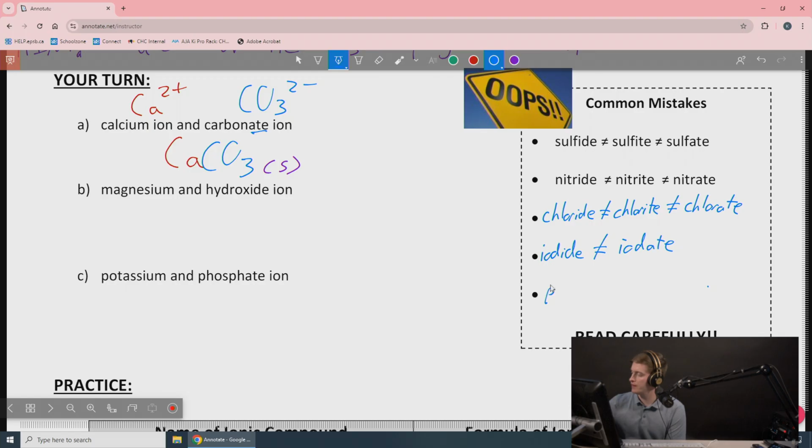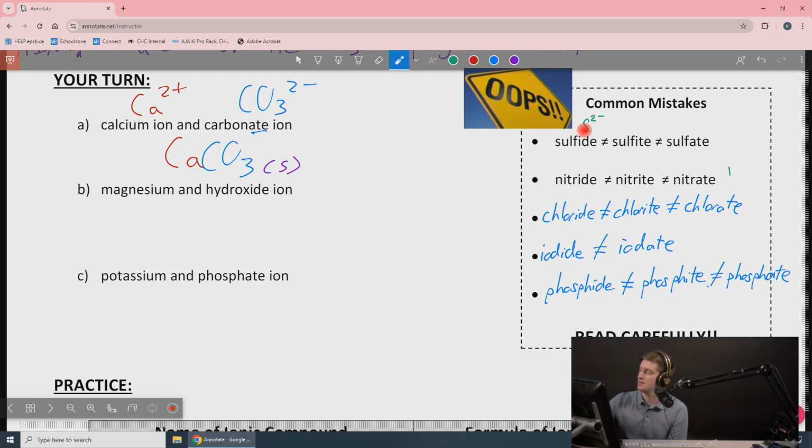And phosphide is not the same thing as phosphite, which is not the same thing as phosphate. Check those suffixes. Check the ending of those words. If I'm going to write in what these are, sulfide, that's S2-.